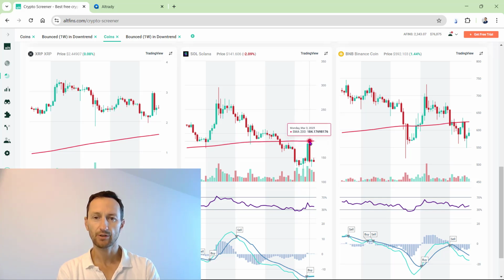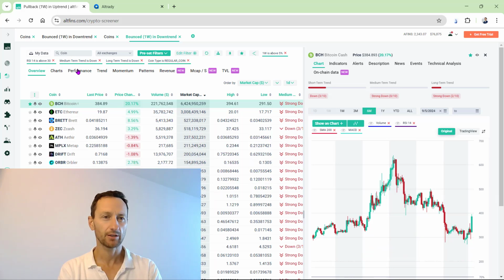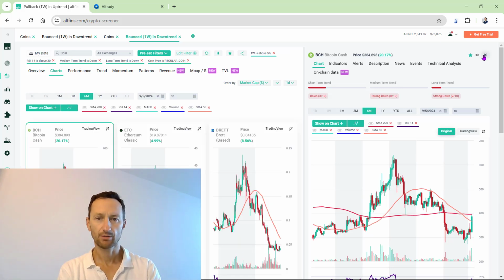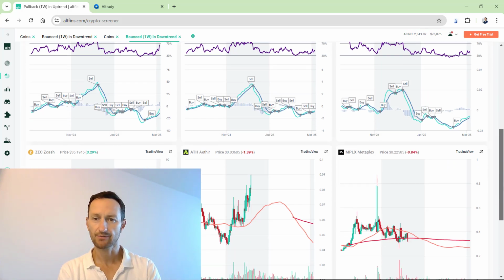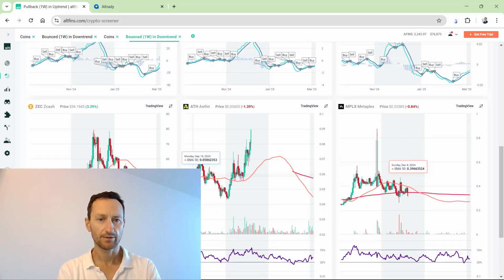It got closer to it a few days ago and got rejected. Similarly, Binance also got close to it and got rejected. If we go back to this list, we can probably see some examples of where the 200-day moving average has acted as resistance. Let's see, right here, Zcash.